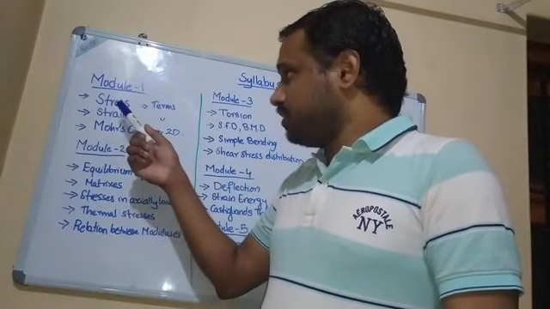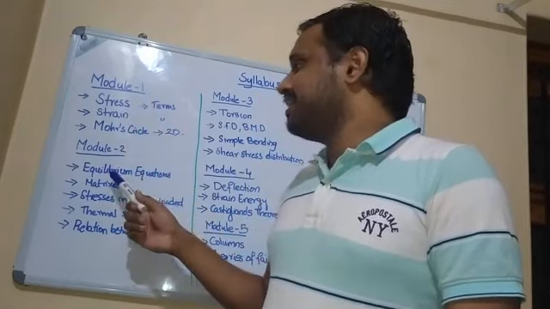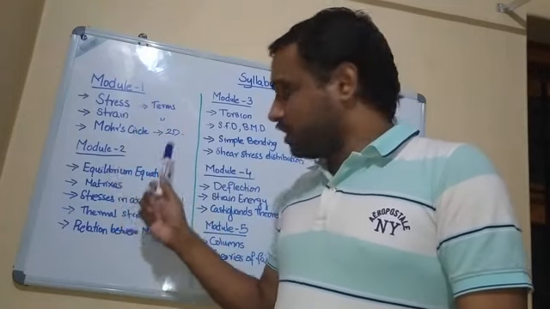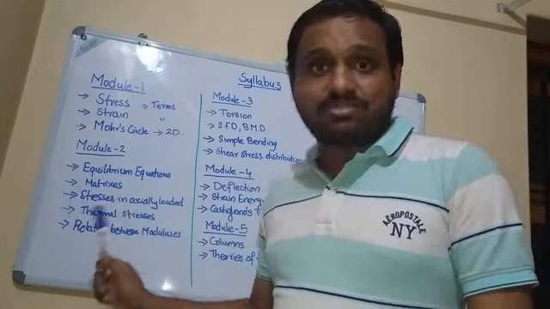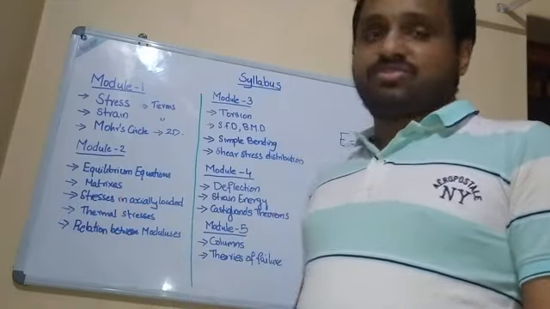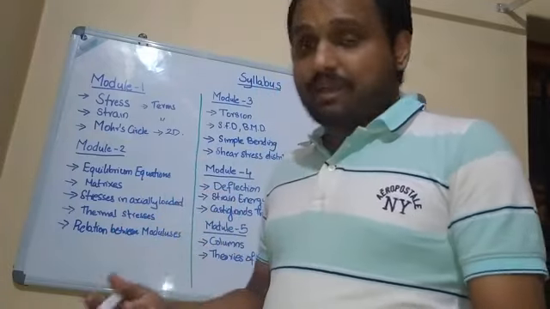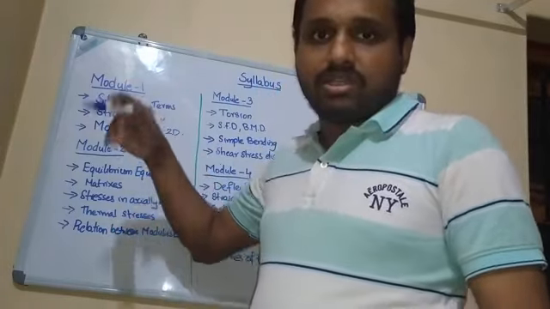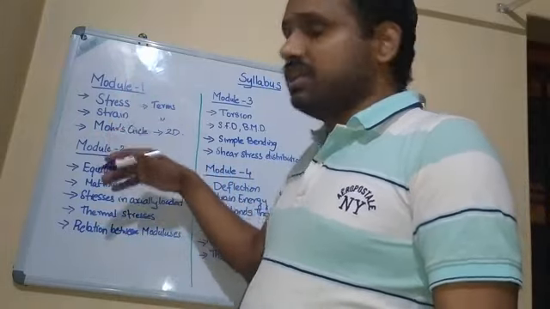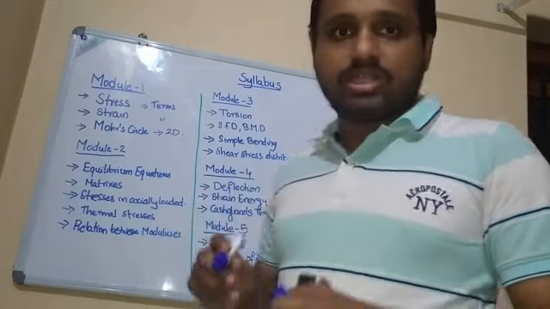Okay, so we will be applying these basic concepts of stress in these equations. Equilibrium equations and matrices will be involved in that. And the second part of the second module is somewhat easy when compared to what we will be learning before that. Okay, so stresses in axially loaded bars.